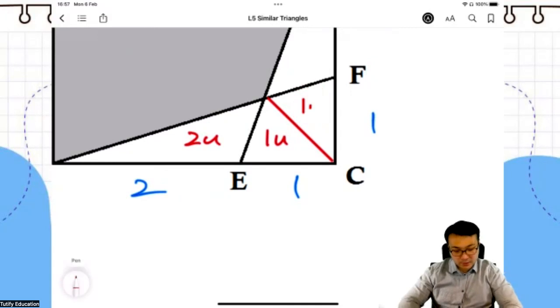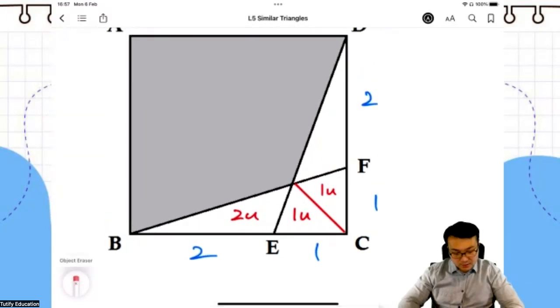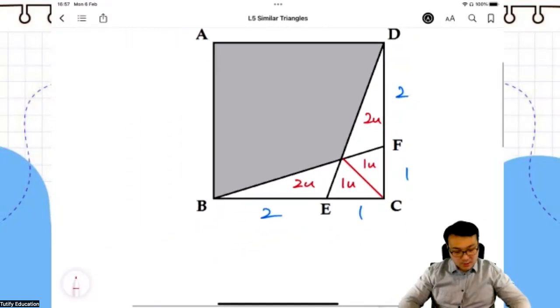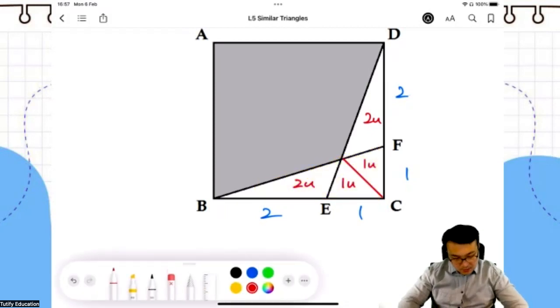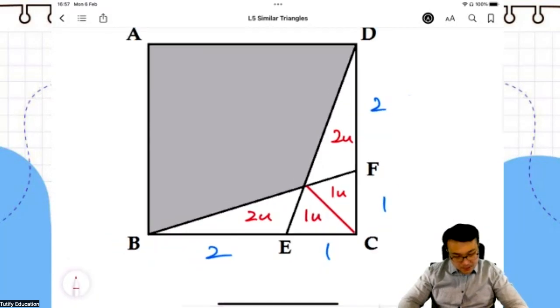Correct. What is the area of this triangle? 2 units. Correct. Very good. Now, let's look at this triangle here. How many units altogether? 4 units. Okay.